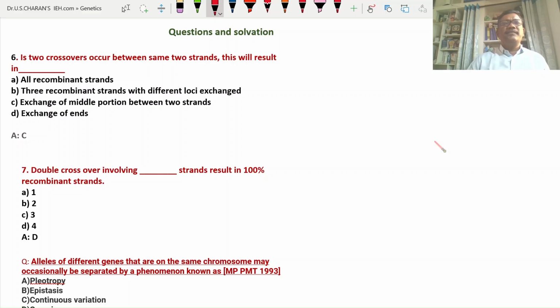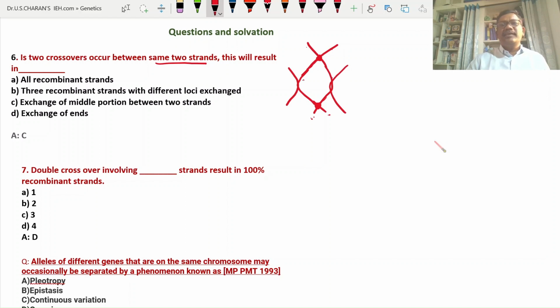If two crossovers occur between two strands, this will result in this chromosome and these two chromosomes. If two crossovers occur between the same two strands, one crossing over here and in the same strands another crossing over here, as a result, what type of segments are separated?